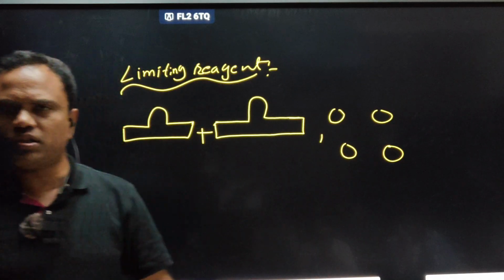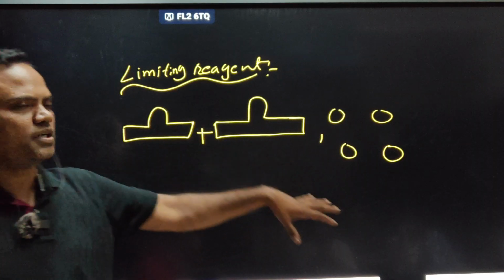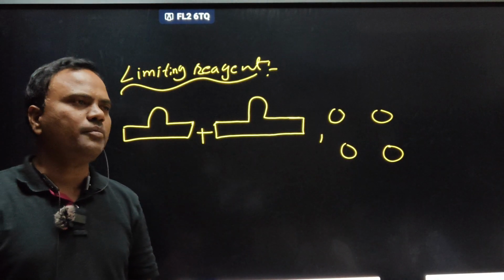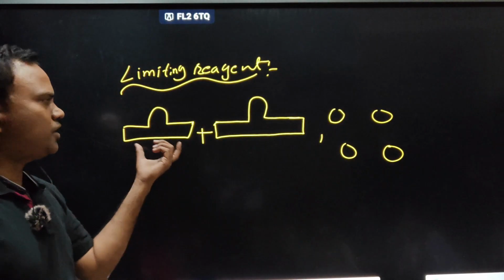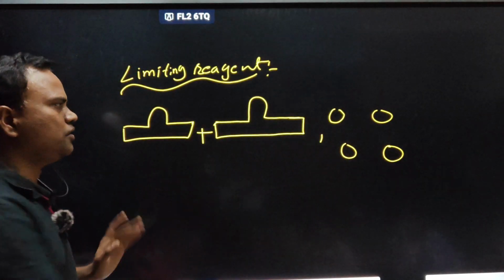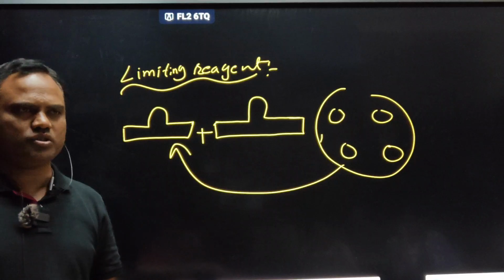Different units are there in the car manufacturing factory, right? With this data, how many cars can you produce in the market? 1 car only, because to produce 1 car we need 4 wheels. We use these 4 wheels and fit them to this, then we produce 1 car.